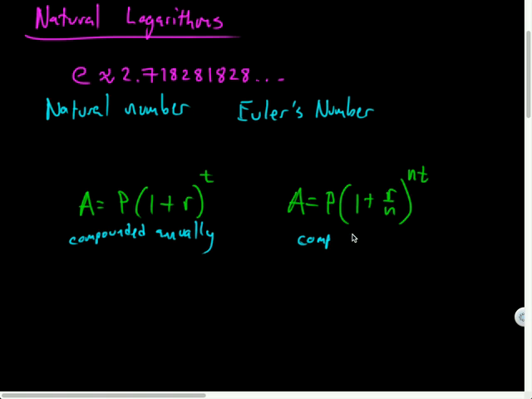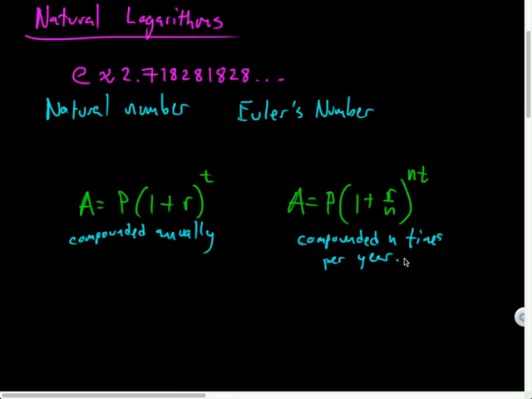So for instance, if I wanted to calculate my interest at the end of every month, N would equal 12. If I wanted to calculate my interest daily, N could equal 365. If I wanted to calculate my interest quarterly, N would equal 4, where it'd be every 3 months, different things like that.